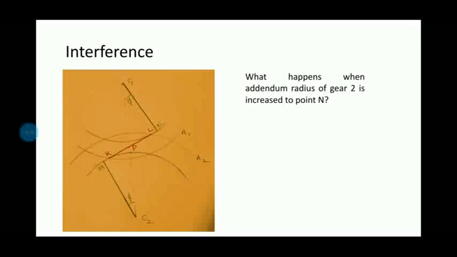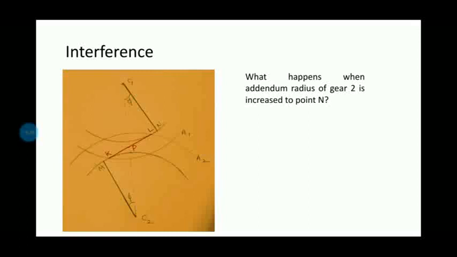It means the addendum circle reaches below the base circle of the mating gear. That means the addendum tip of the tooth undercuts the profile of the mating gear. Such a phenomenon will happen. That is called interference. Clear?